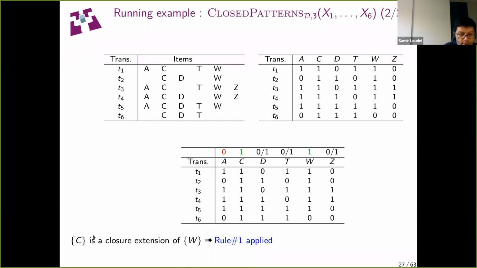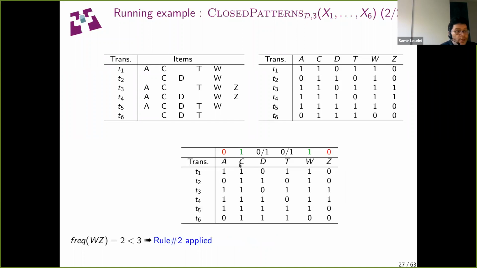Because C is a closure extension of W. It is easy to see that the cover of W union C is equal to the cover of W. So C is a closure extension of W, and we can remove value 0 from the domain of the variable associated to item C.